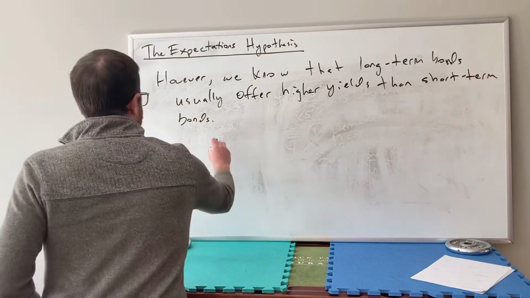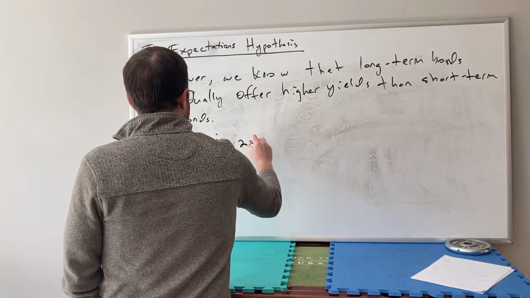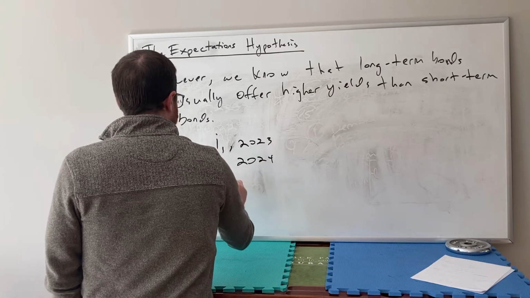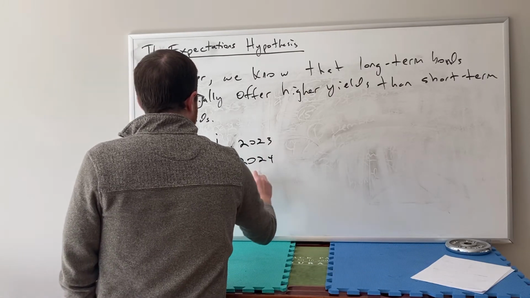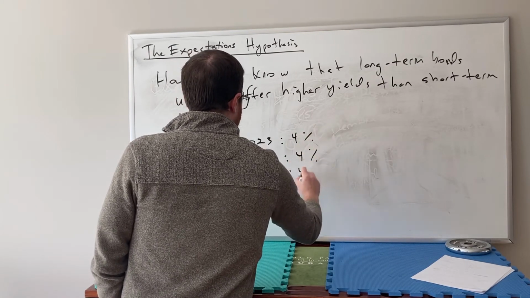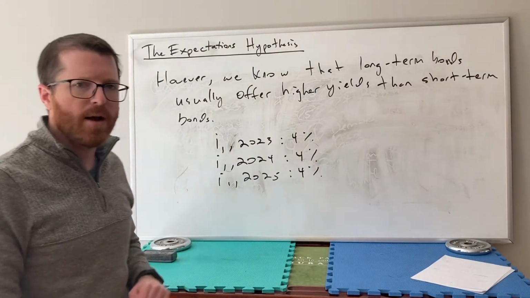So if we use that same analogy here, thinking about one-year bonds into the future, so maybe it looks like this. So this is a scenario where interest rates are anticipated to stay the same for one-year bonds, okay?